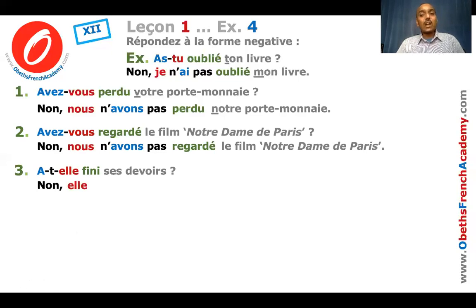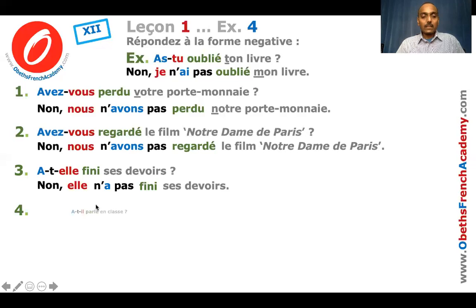Has she finished her homework? No, she has not finished her homework. So if you want to say she has, elle a. If you want to say she has not, elle, put ne before the auxiliary verb avoir and pas after the auxiliary verb. No, she has not finished her homework.